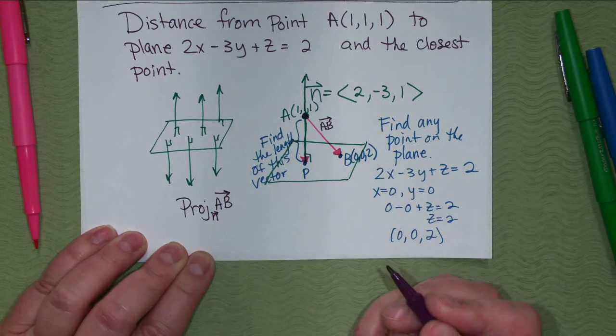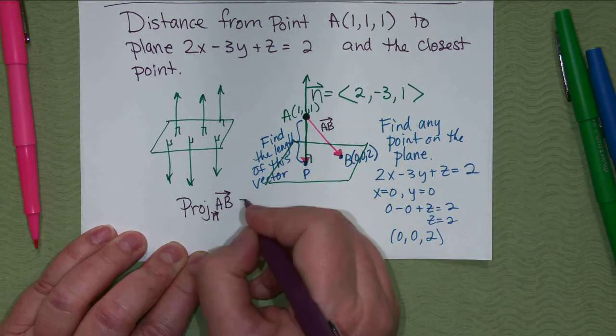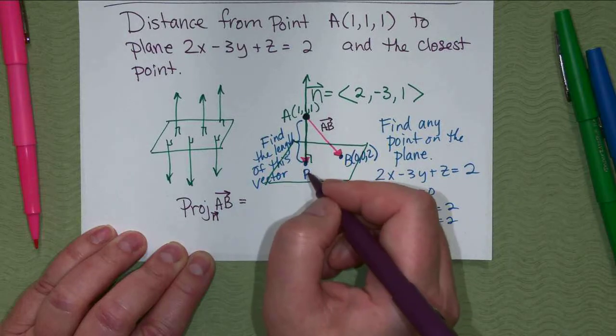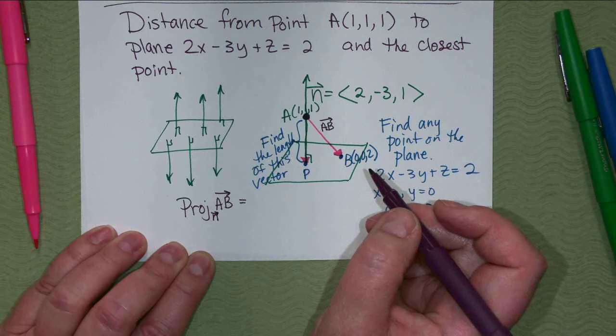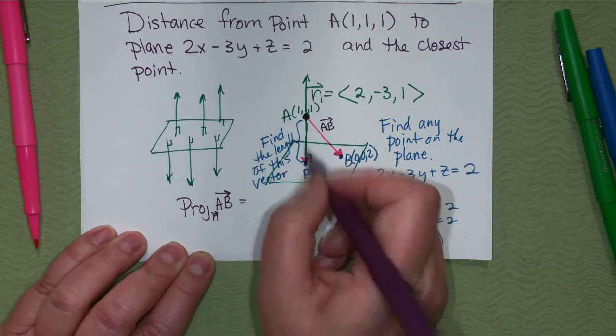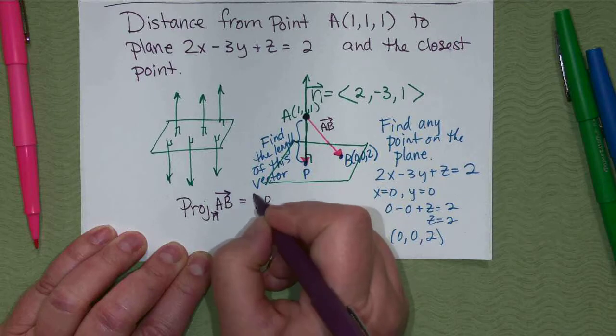And that will give us this vector that we want, which is the vector between A and P. So to label it, what would we call it, AP or PA? AP. So it'll give us AP.